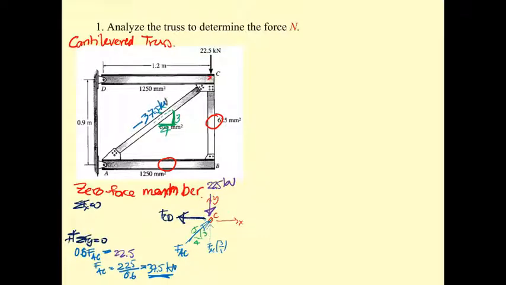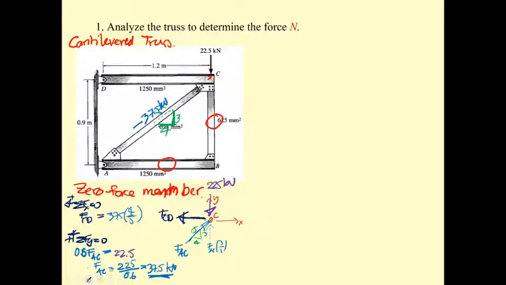So it's minus 37.5 kilonewton. Now F sub CD is going to be positive. F sub CD is equal to 37.5 times 4 divided by 5, which is times 0.8, so it's 30 kilonewton.